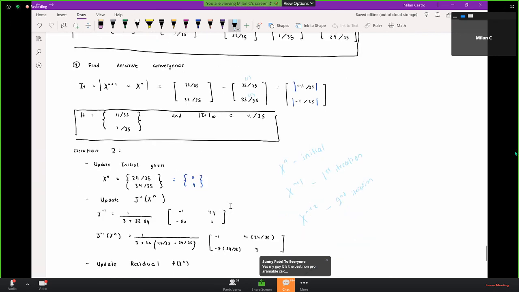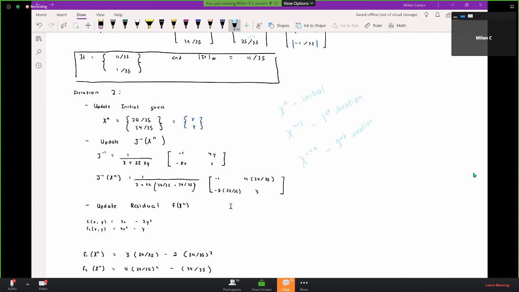All right. Now for our second iteration of the nonlinear Newton-Raphson, what are we going to be doing? Now that we have our new solution, we are going to update that where our initial guess was previously. So we have to update our xn, we have to update our Jacobian, and we have to update our residual.